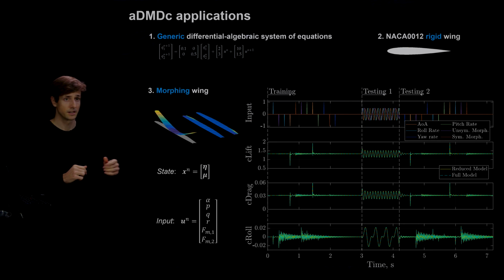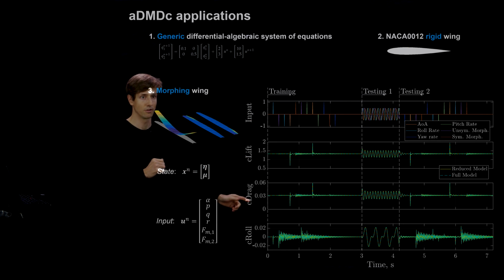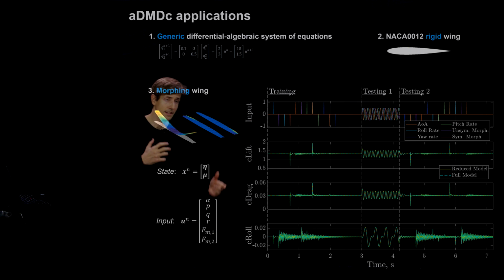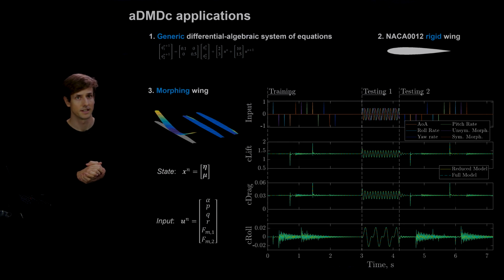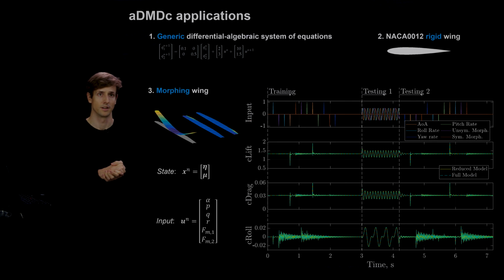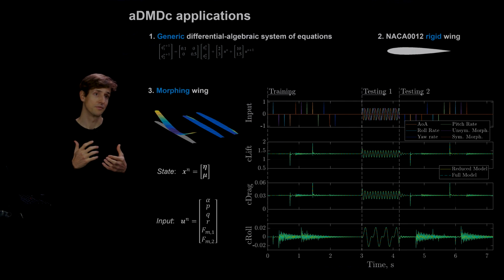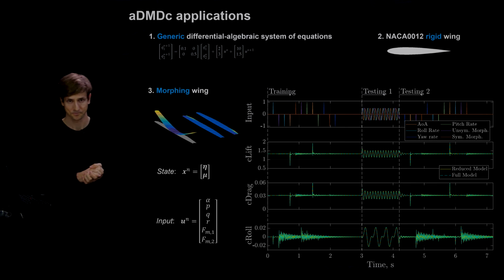What you see in this plot is first the lift coefficient, then the drag coefficient, and the roll coefficient. The yellow continuous line is the reduced order model, and the blue dashed line is the full model. And we get really excellent agreement between the full and the reduced order model. On top of that, we get a speed up of 3 orders of magnitude. So our reduced order model is super accurate and also super fast.